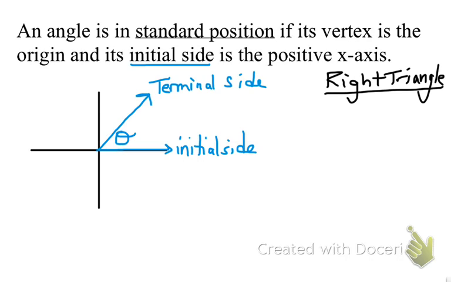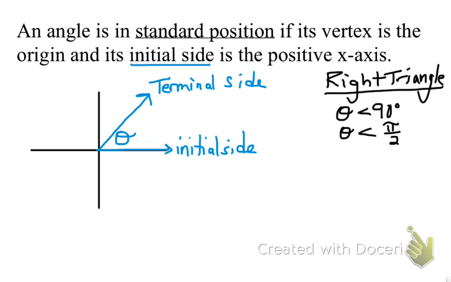Well, if one of the angles is the right angle, 90 degrees, then the other two angles have to be less than 90 degrees. So in the context of right triangles, angles have to be, if I use theta for my angle, less than 90 degrees, or pi over 2 if we're talking radians. We can't talk about right triangles with angles that are larger than 90 degrees or pi over 2.